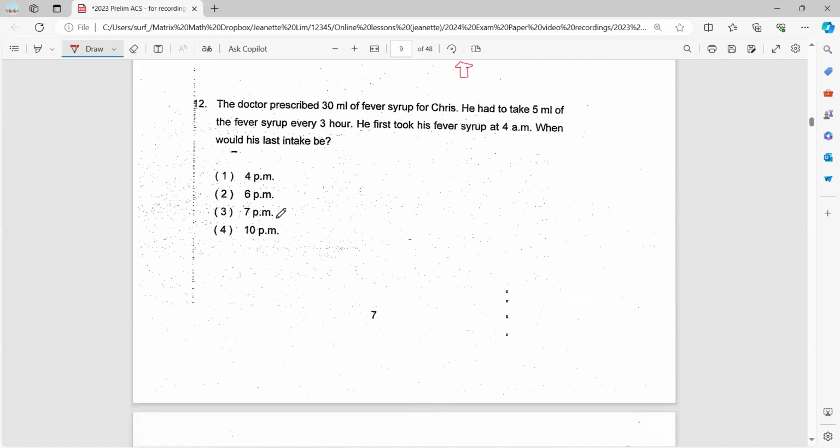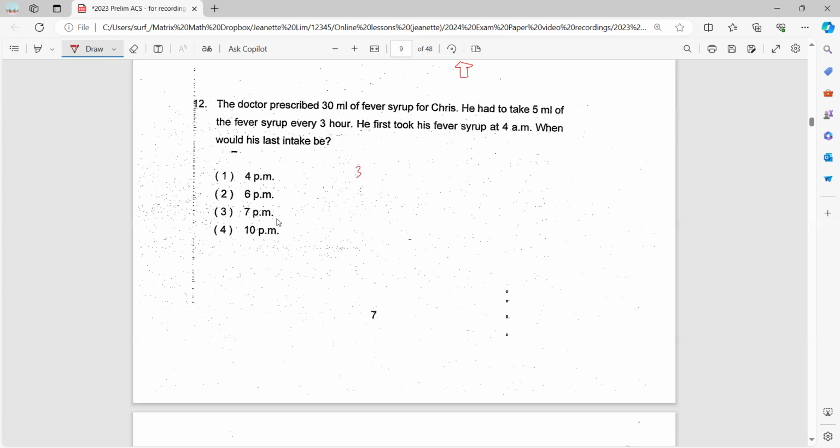Okay, question 12. Doctor prescribed 30 ml of fever syrup for Chris. He had to take 5 ml of the fever syrup every 3 hours. He first took his fever syrup at 4 a.m. What would his last intake be? So 30 ml, every 3 hours is 5 ml.